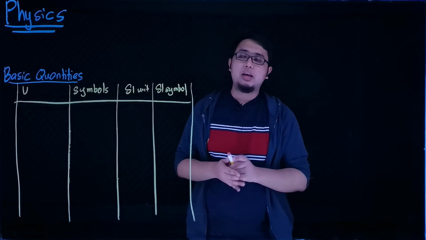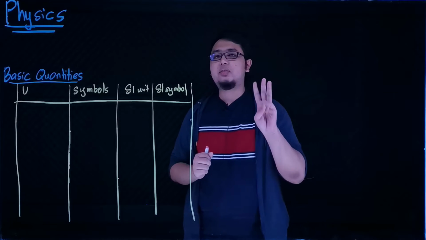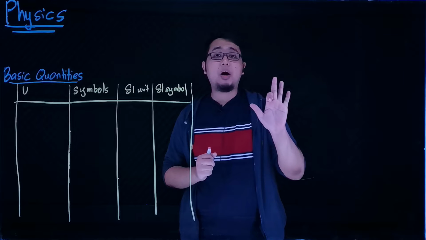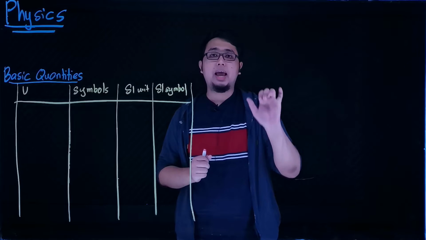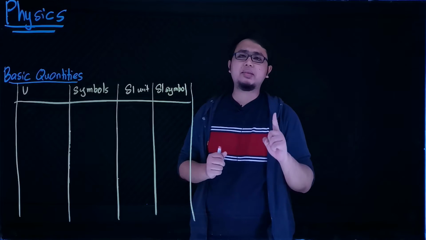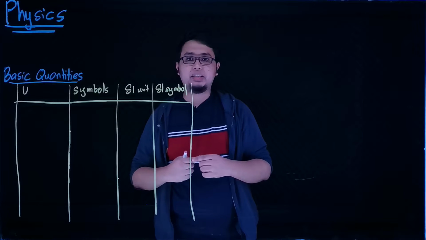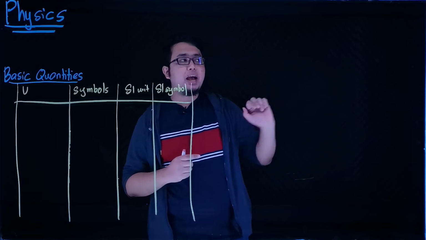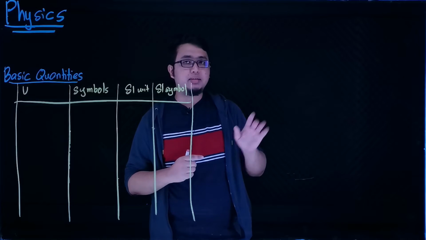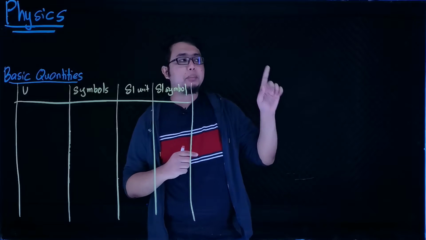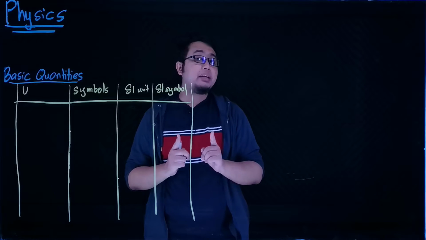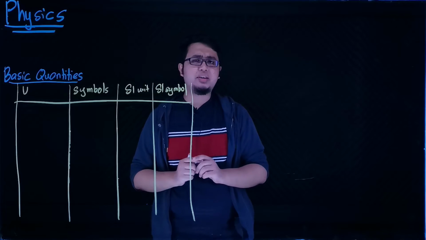Physics is explained by three things: hypothesis, theory, and law. A hypothesis is something that you derive from your own observation. For example, if I see a bird with wings, my hypothesis would be that the bird can fly. But is it proven? Not necessarily.